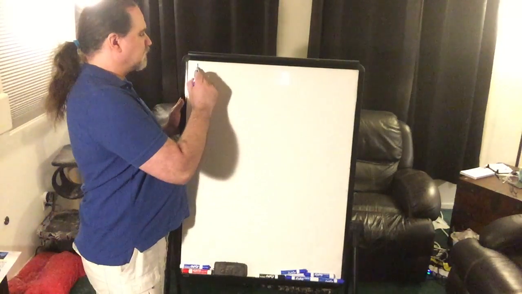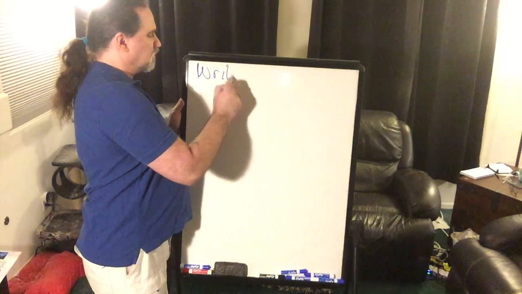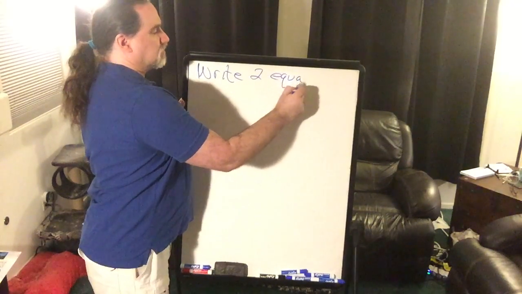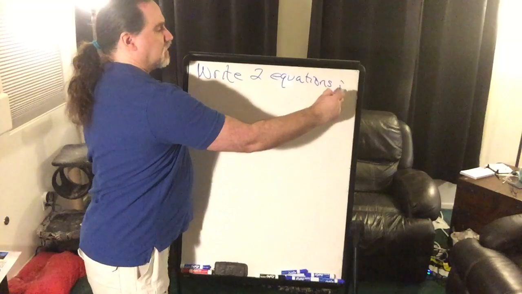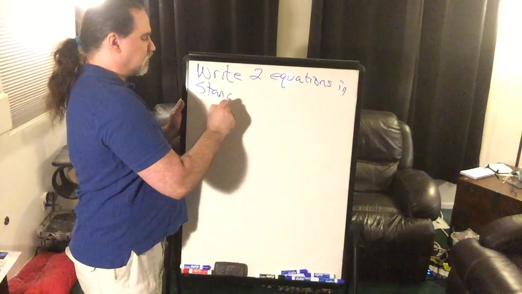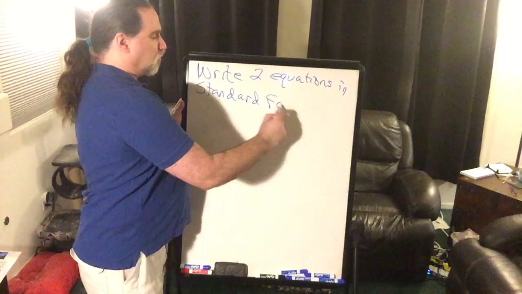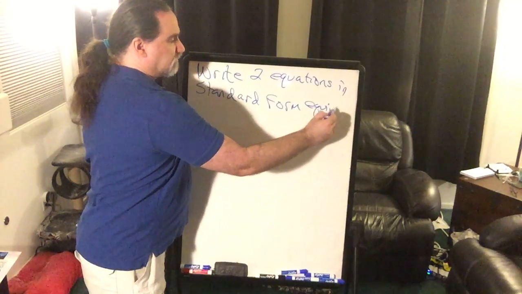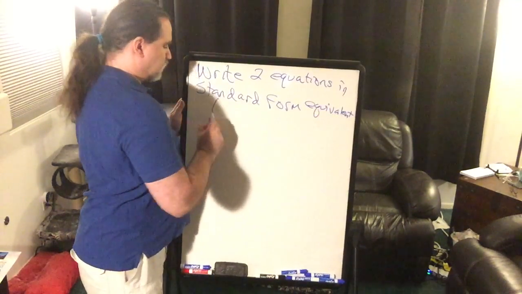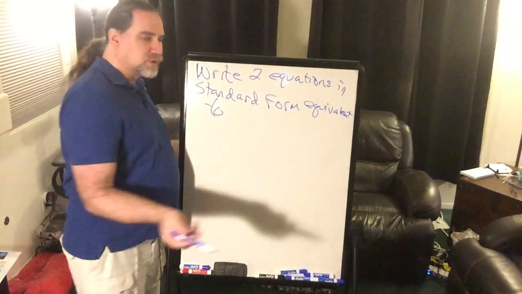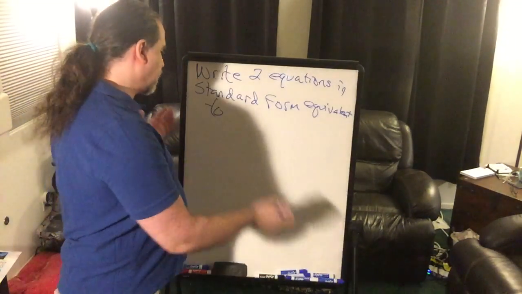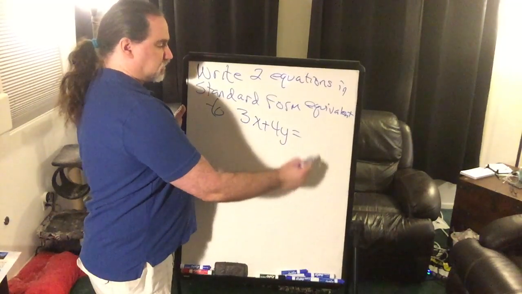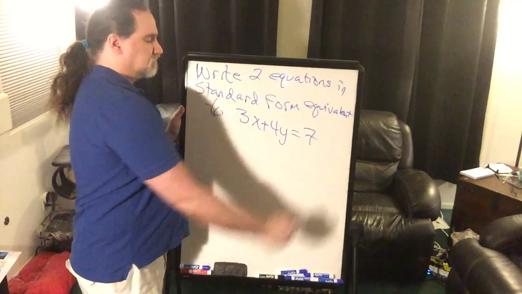They'll ask you to write two equations in standard form equivalent to, and then I'm just going to make a nice easy one. How about 3x plus 4y equals 7?